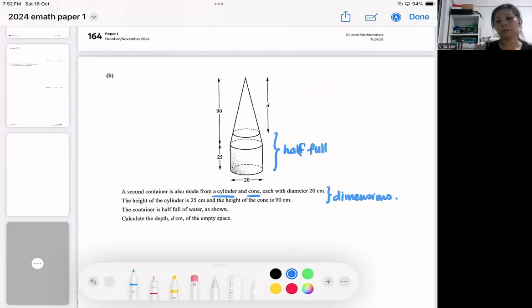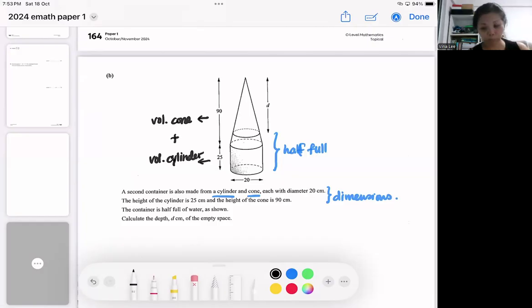So that's the question. It's different from the previous one. Will you be able to find out this amount of water? Yes, because you will be able to find the volume of the cone and the volume of the cylinder. If you add the two of them up, you will get the total volume, and the amount of water is half of the total volume.